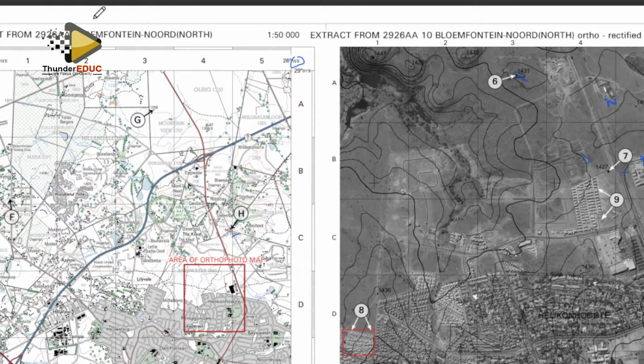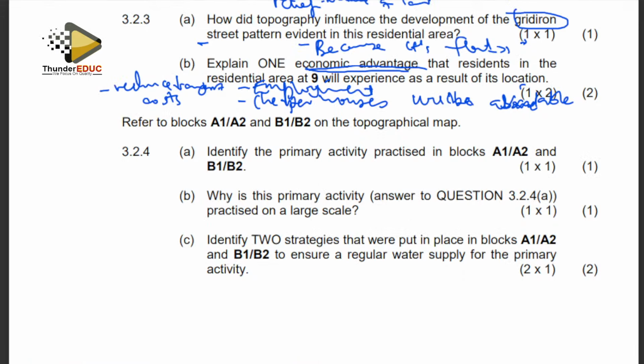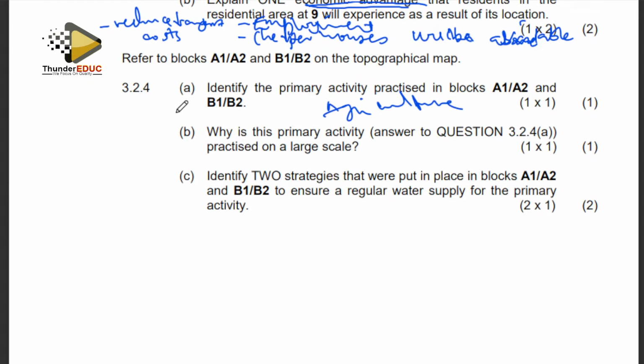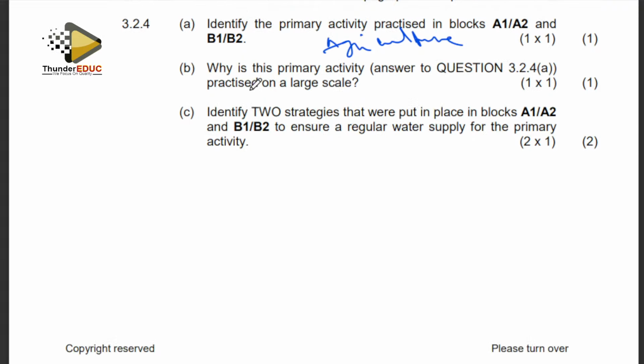But the main activity here is agriculture. So the answer we can use here is agriculture. Remember, if they talk about primary activity, we are referring to which section of geography? It is economic geography.